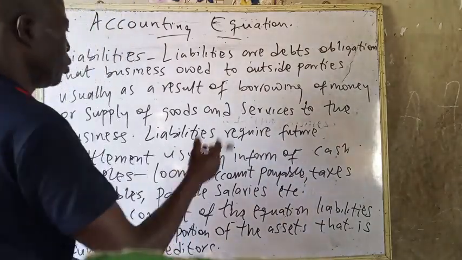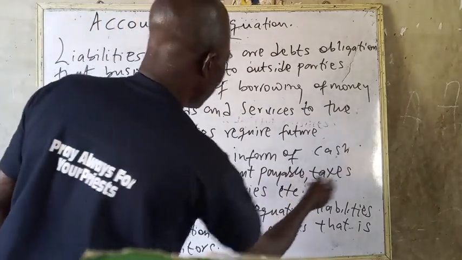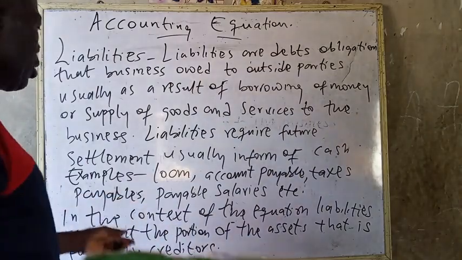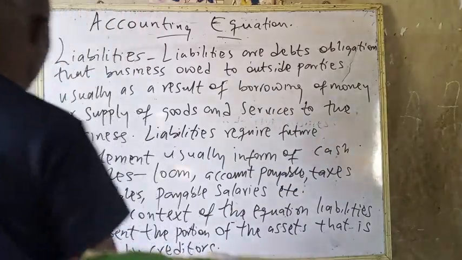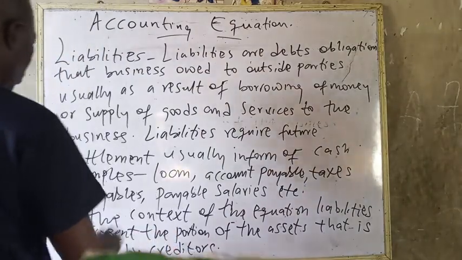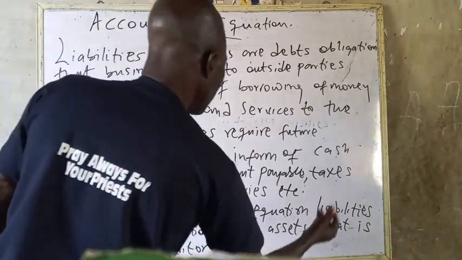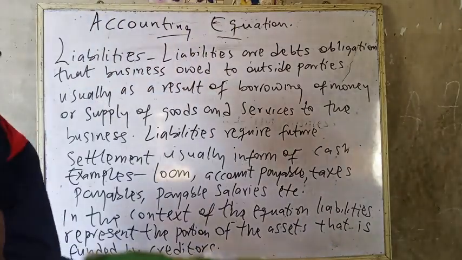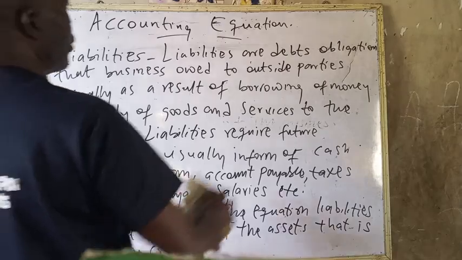Examples of liabilities: loans, accounts payable, taxes payable, payable salaries, and so on. In the context of the equation, liabilities represent the portion of assets that is funded by creditors. This is liability. Let's go to equity.